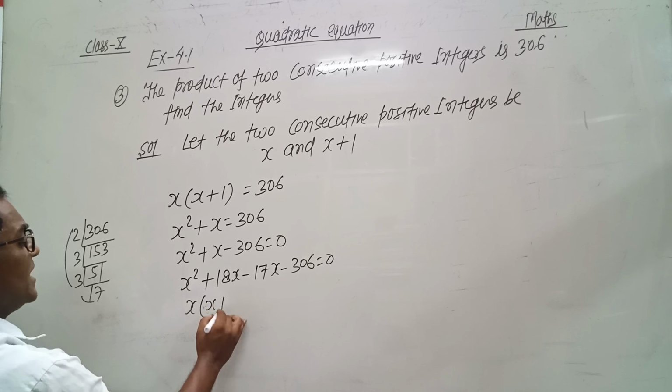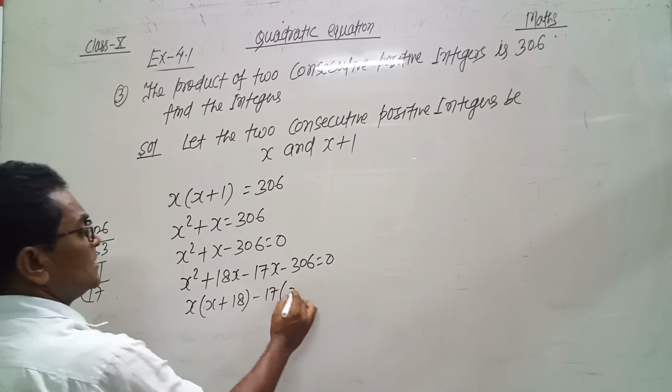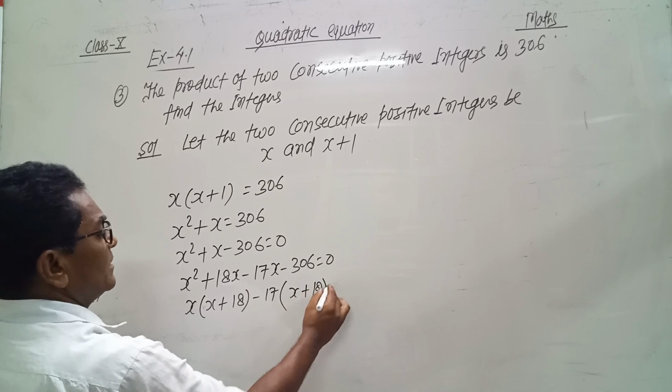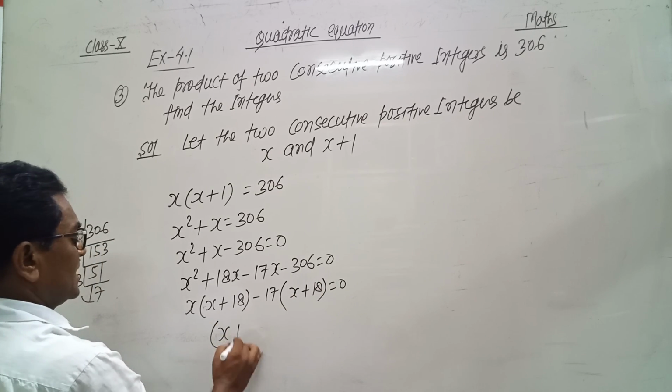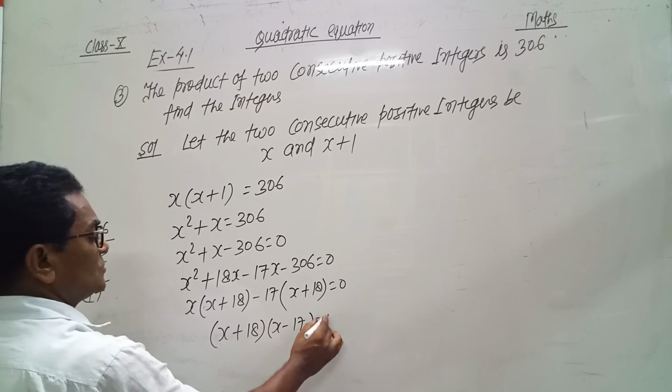From these two terms x is common, and from these two terms 17 is common. So we get x plus 18 common, and x minus 17 equals 0.